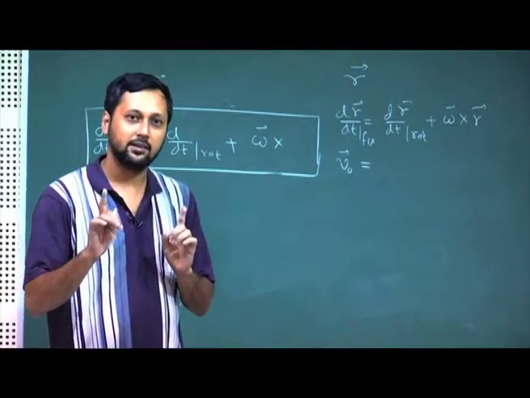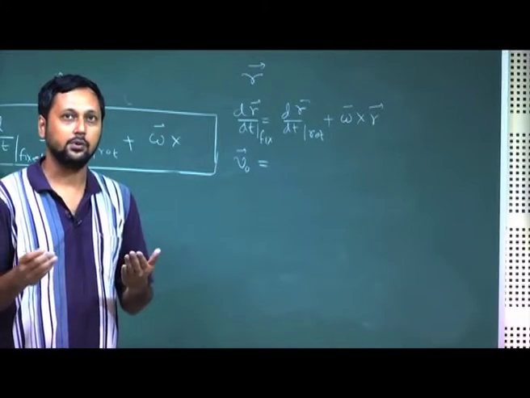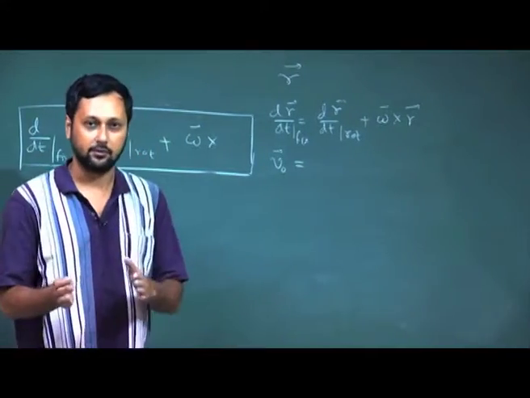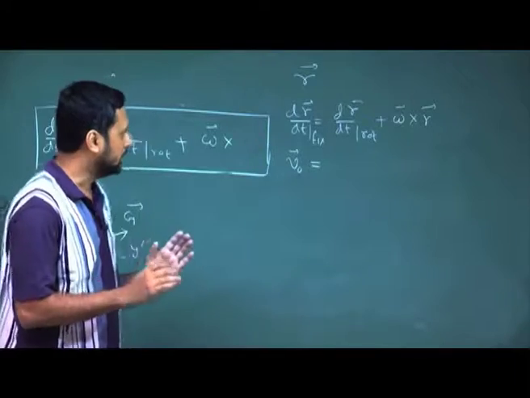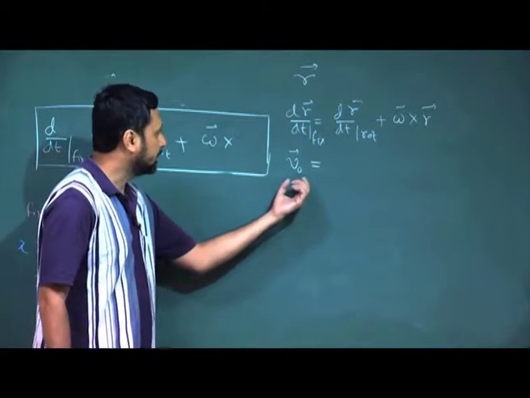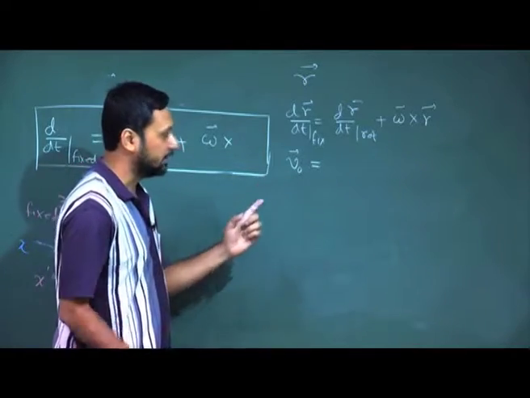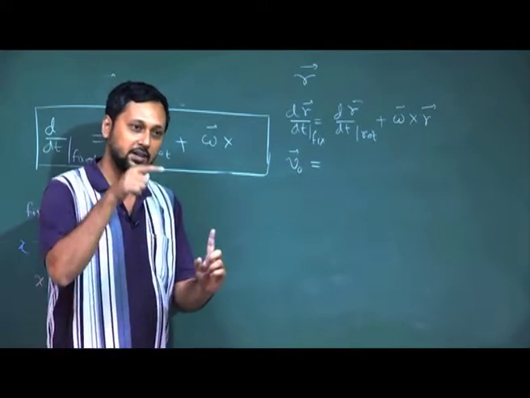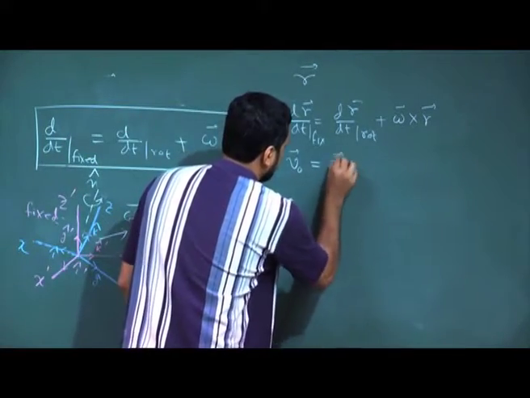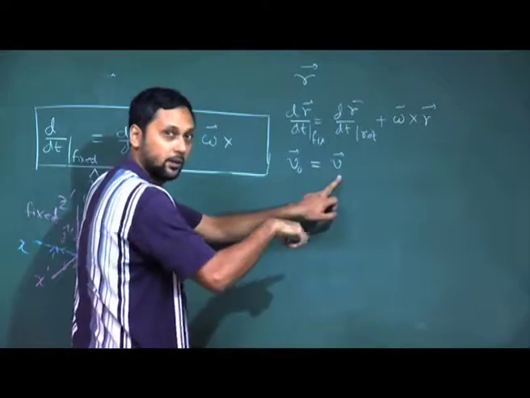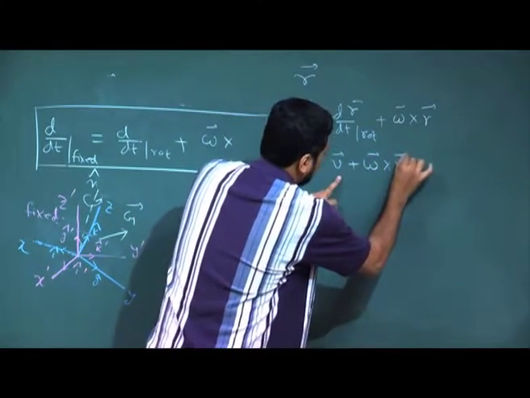The vector remains a quantity. It does not matter whether we measure it with respect to this frame or that frame, the vector represents the same quantity. So, the velocity measured with respect to a fixed or inertial frame, v0, and the same velocity measured in a non-inertial frame which shares the same origin, will be v, where v is the velocity measured in that non-inertial frame, plus omega cross r.